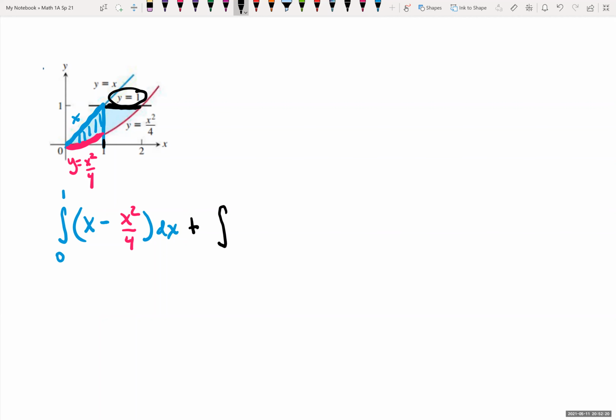from the x value where we're starting, which is 1, to the x value where we're ending, which is 2. Our upper function in this case is 1 minus the lower function. Well, the lower function in this case is the same as the lower function for the other integral we used, so it's x squared over 4 dx.